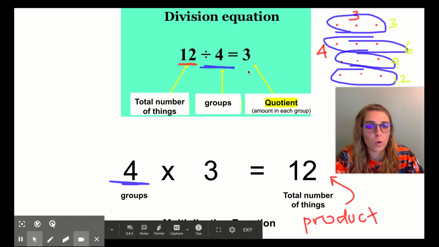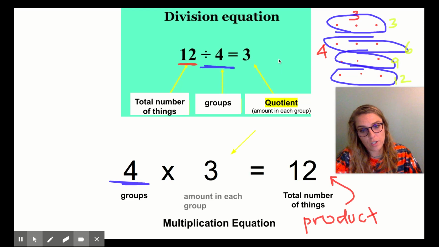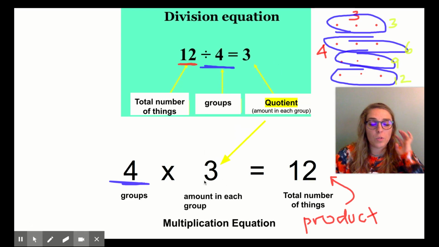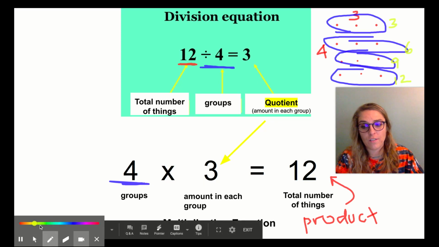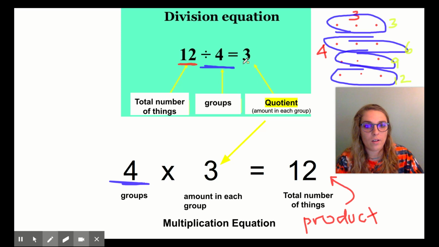We just call it our quotient because in this case, that's our answer to the division equation. When we translate this division equation into a multiplication equation, the quotient just comes to that second factor, because the second factor in a multiplication equation always tells us how many are in each group. When we translate it to a multiplication equation, this factor here tells us the amount in each group. It just happens to end it when it's in a division equation.